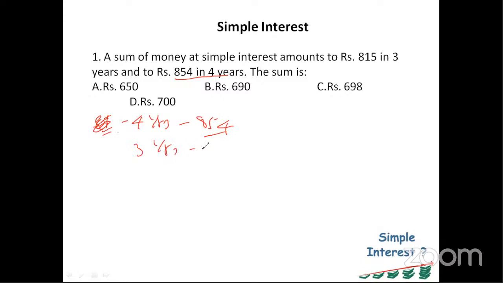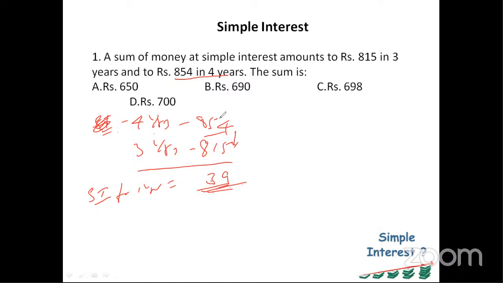And for 3 years, the amount becomes 815, which means when we subtract the amount for 3 years from the amount for 4 years, we get 39. So basically, simple interest for 1 year is equal to 39. 39 rupees is the simple interest for 1 year.